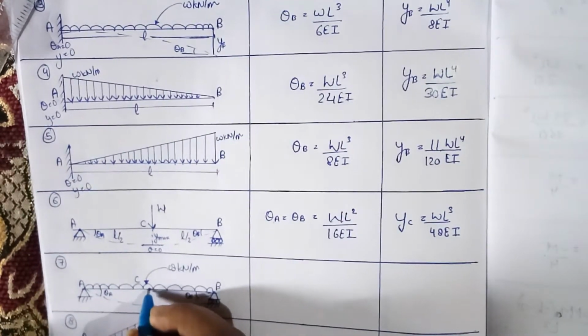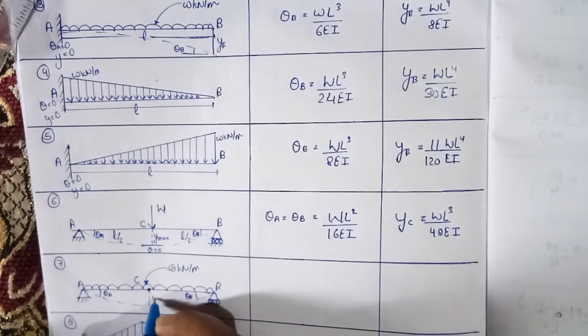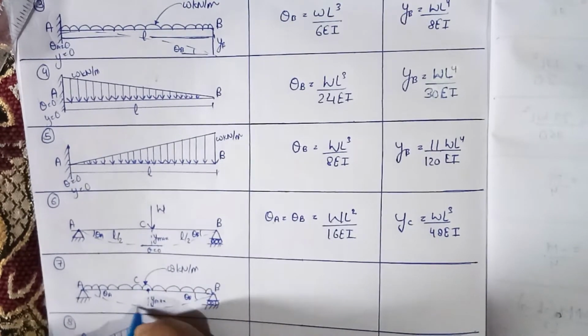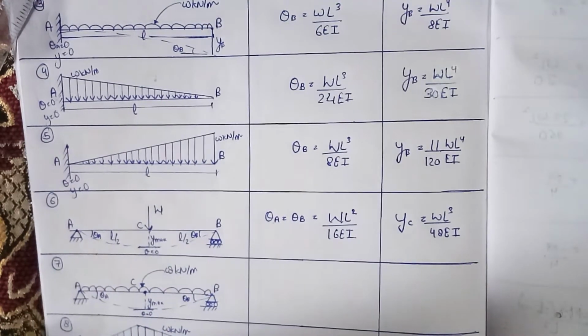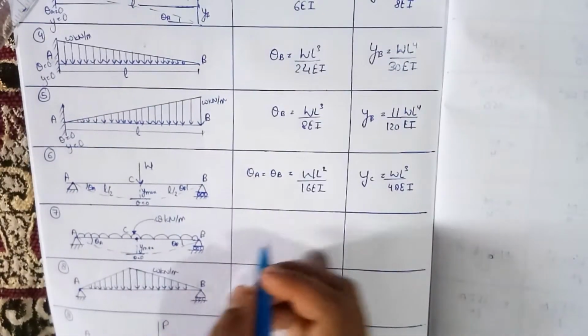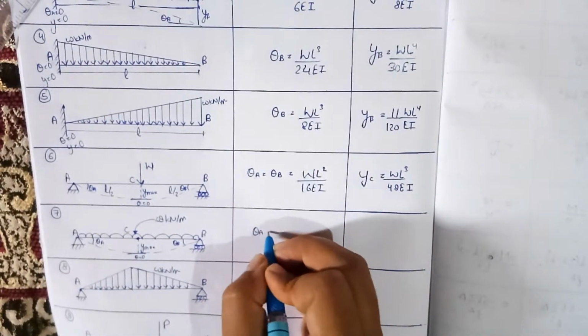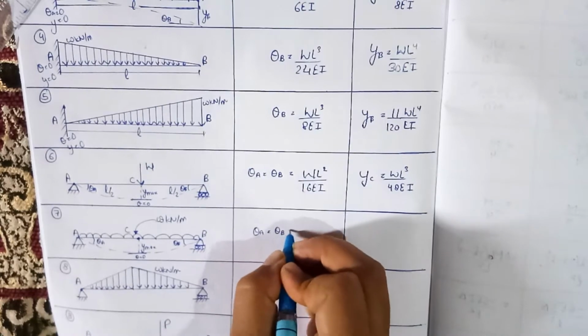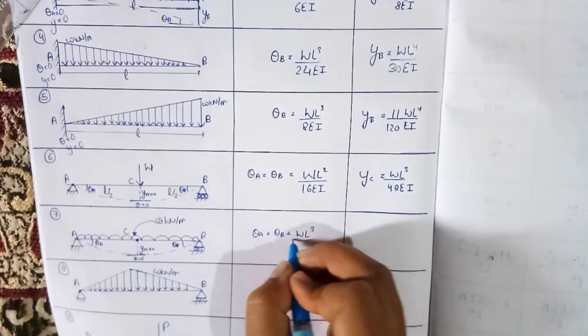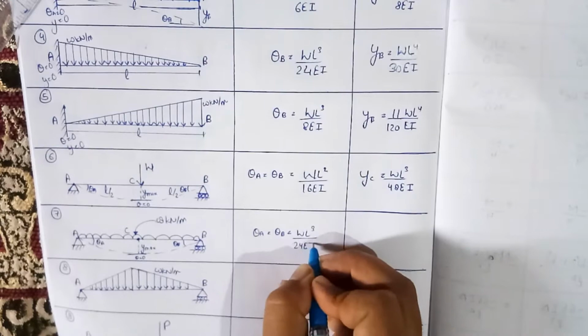If this is the central point C, then the deflection at this point will be the maximum deflection, and here the value of the slope will be 0. Now we will see the value of the slope at A and slope at B. The slope at A and the slope at B will be equal to WL cube by 24 EI.